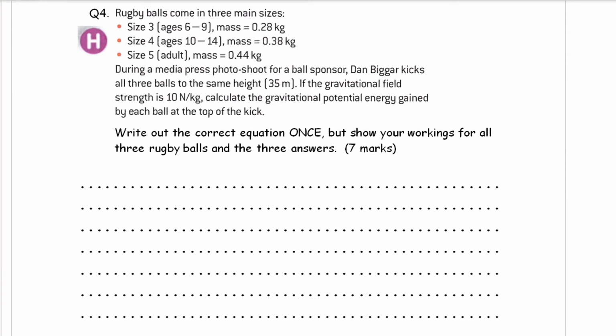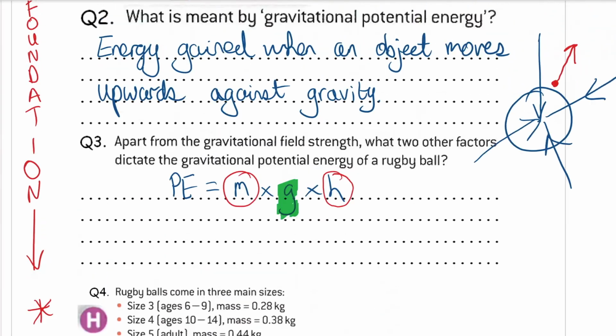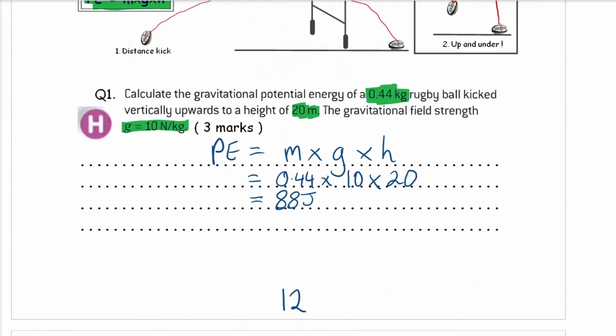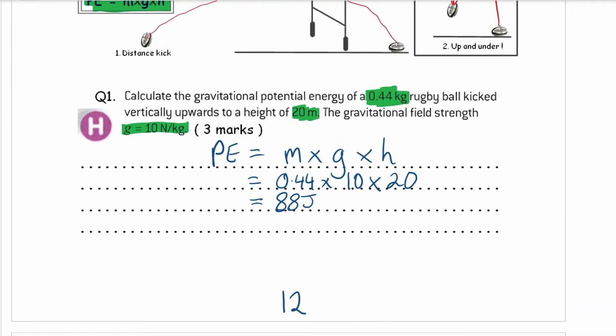Now this is for you to do, and if you're unsure, go back in the video and look at how I showed you to answer question 1, because it's exactly the same thing. The only difference is that we're changing the mass and possibly the height.